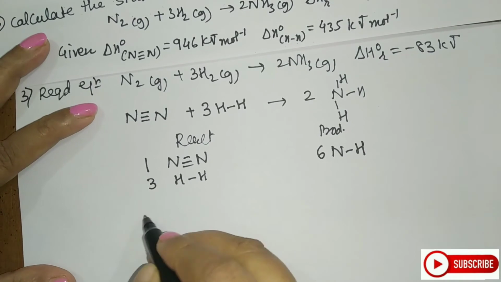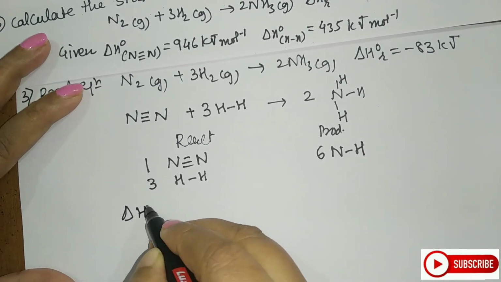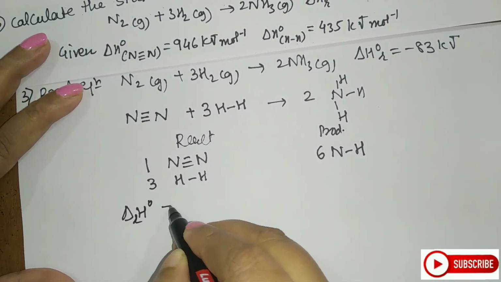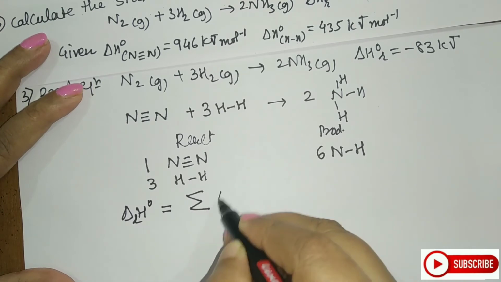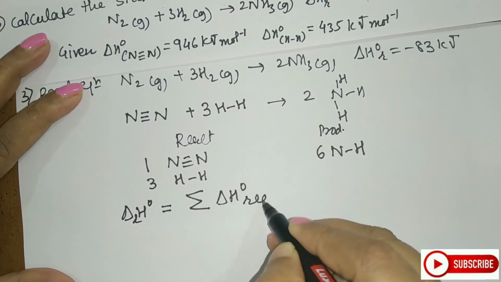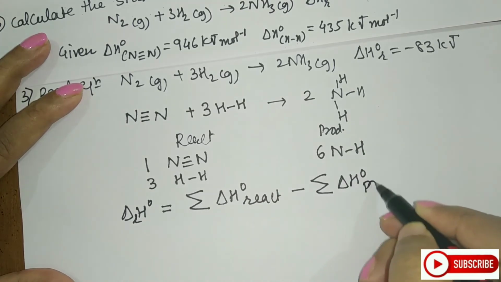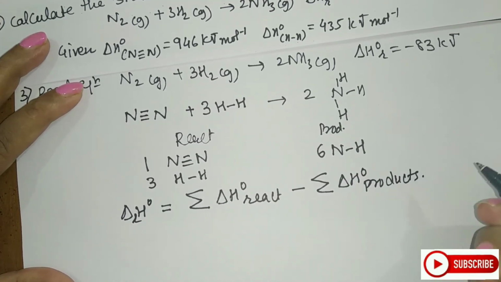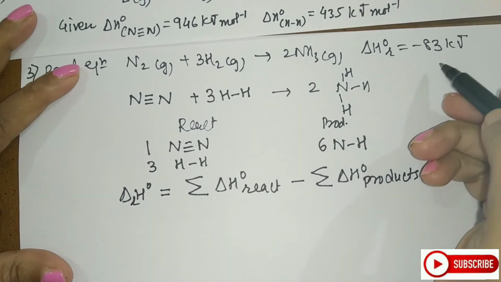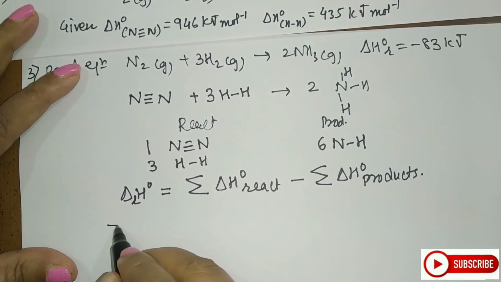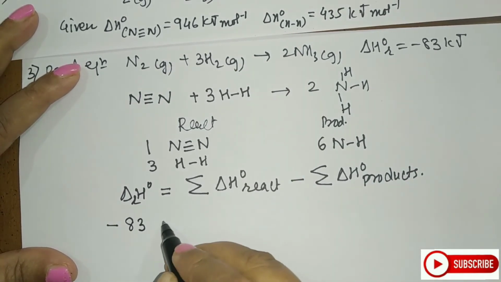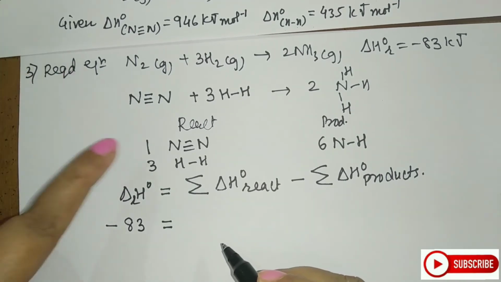Now let us write the formula. So delta H standard of the reaction is equal to summation of total enthalpies of the reactants minus total enthalpies of the products. First step over. Now start substituting. If you see this, they have given the value. So I will write here minus 83 kJ is equal to. Now I will take help of this.